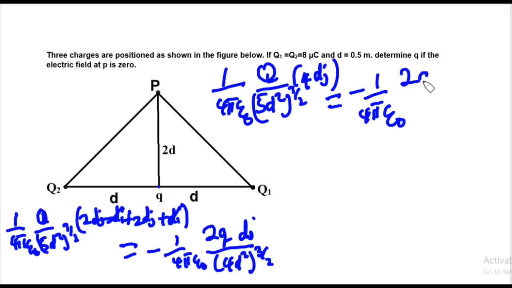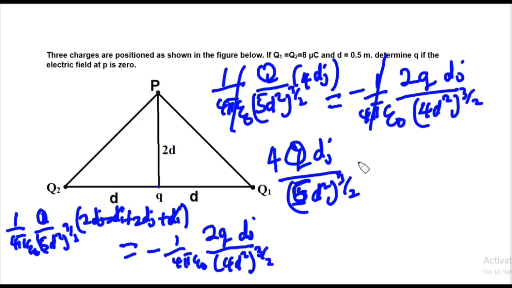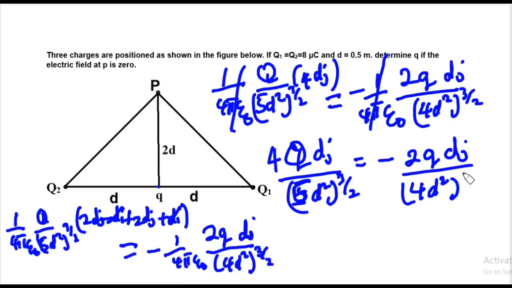We have 2qdj upon (4d²) to the power of 3 upon 2.